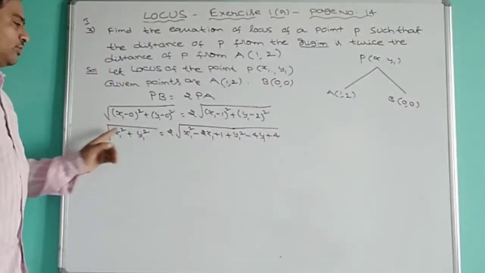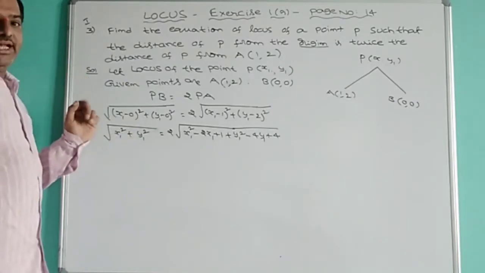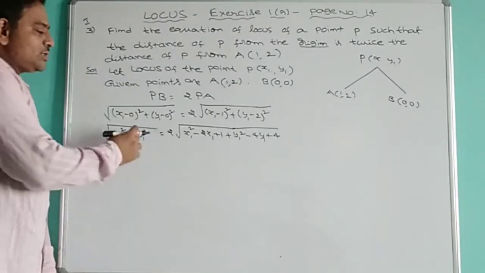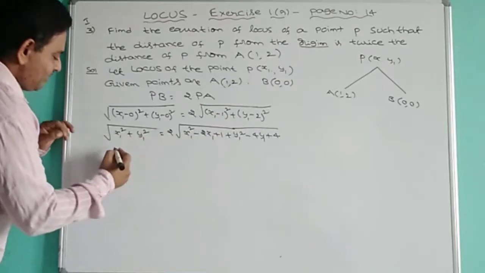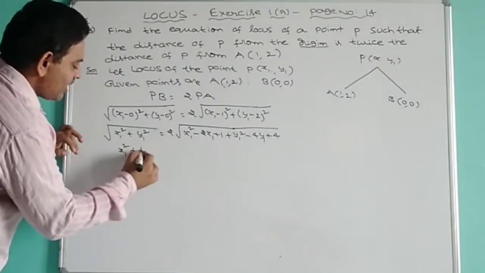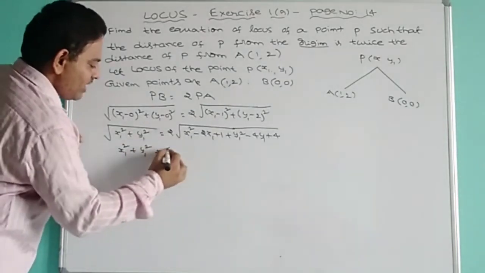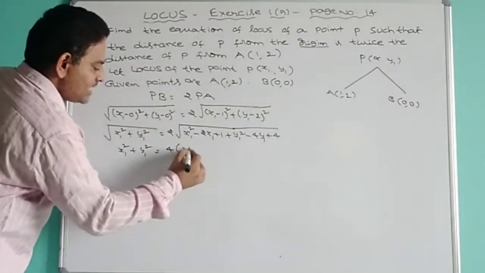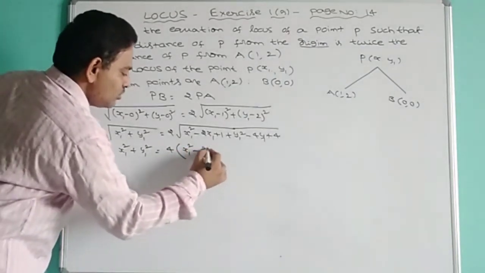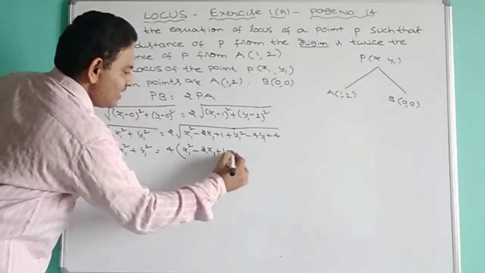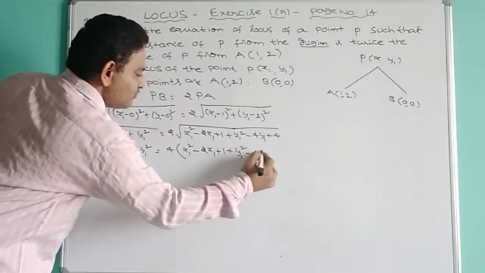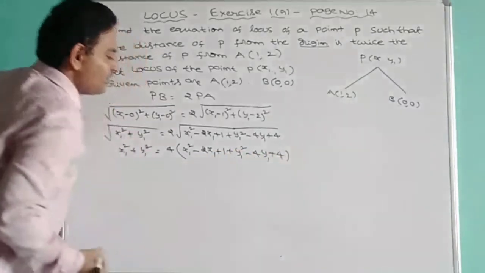Now remove the roots on both sides. How do we remove that? By squaring on both sides. x1 square plus y1 square equals 4 into (x1 square minus 2x1 plus 1 plus y1 square minus 4y1 plus 4).